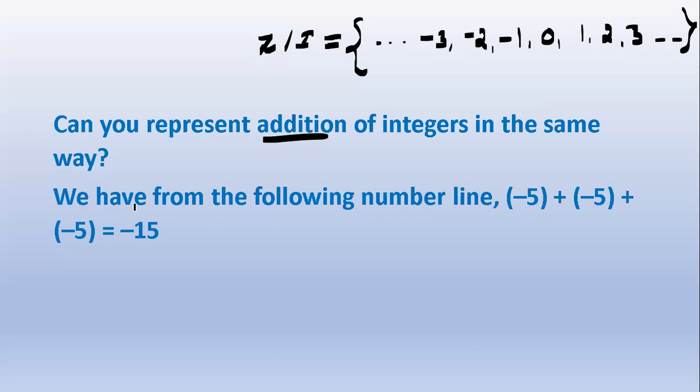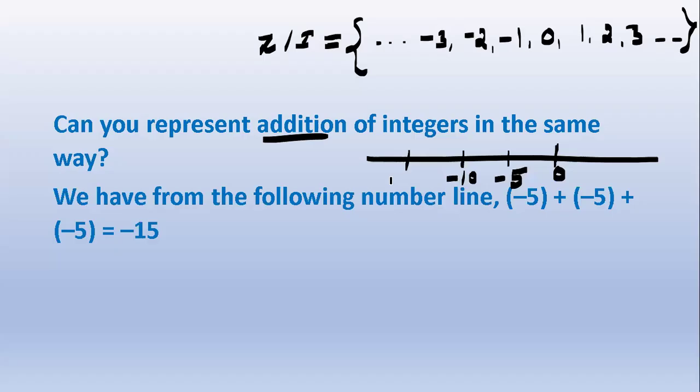See, from the following number line, this is the number line for negative integers: 5, 10, 15 on the negative side. If we move from the left side, negative numbers appear.